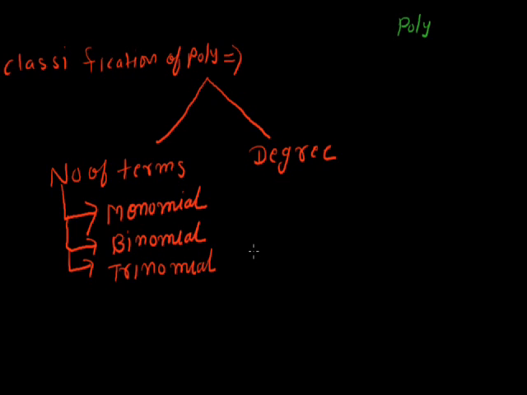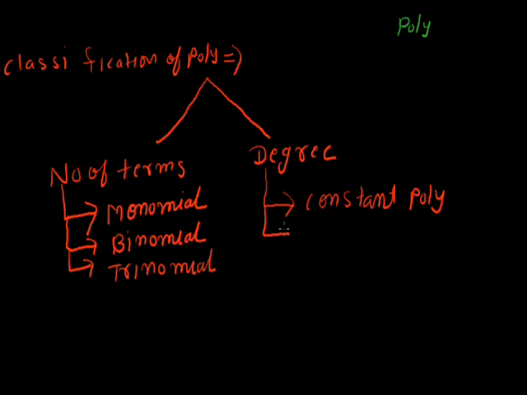Then we come to classification of the polynomials on the basis of degree. So how can we classify on the basis of degree? The first classification is constant polynomial. And what is our second?